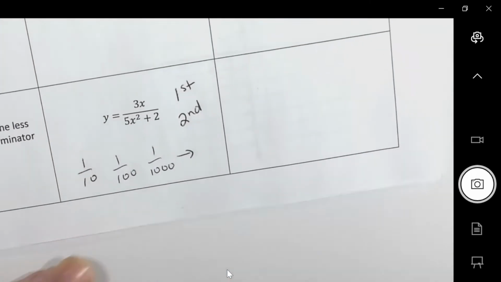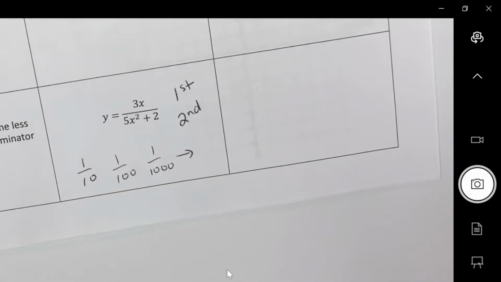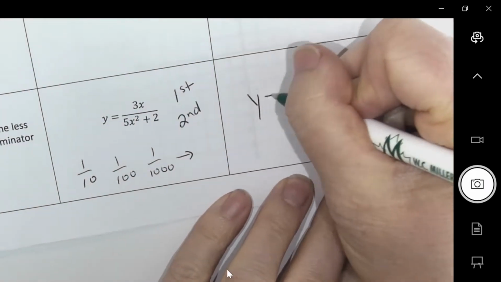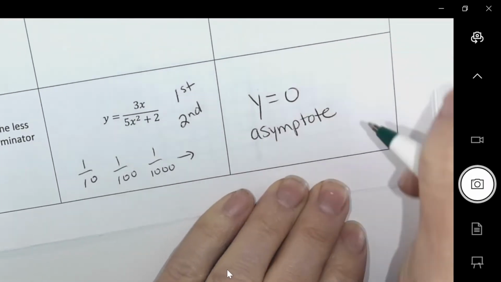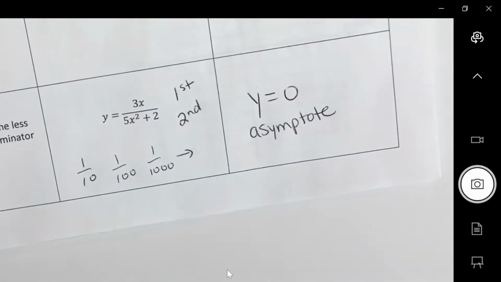What do we actually end up getting closer and closer and closer to in a number when we get smaller, smaller, smaller, smaller? We get towards 0. Okay, we did that with reciprocals.